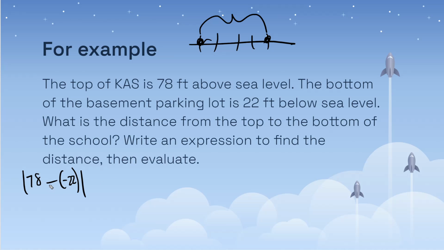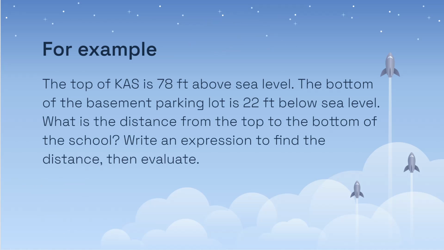So 78 minus a negative, this is the same thing as adding, right? So it's 78 plus 22, the absolute value of that. 78 plus 22 is 100. The absolute value of 100 is 100. So the distance from the bottom of the school to the top of the school is 100 feet.